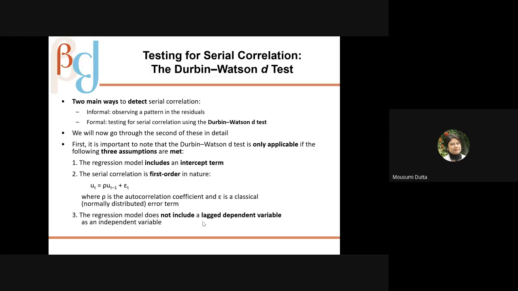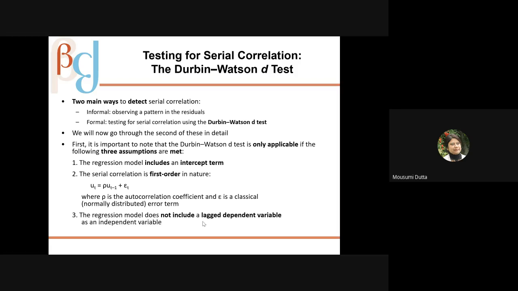So if your dependent variable appears among the independent variables with different lags, you will not be able to apply the DW test. So to begin with, we should keep these three points in mind.